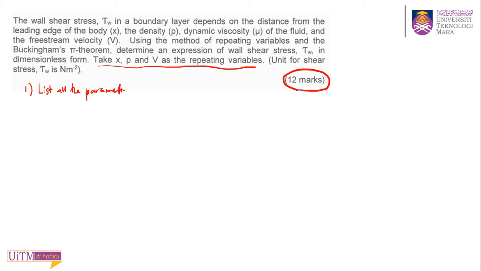They said tau is a function of, depends on, the distance x, the density rho, the dynamic viscosity mu, and the free stream velocity v. So these are all the parameters in this question.